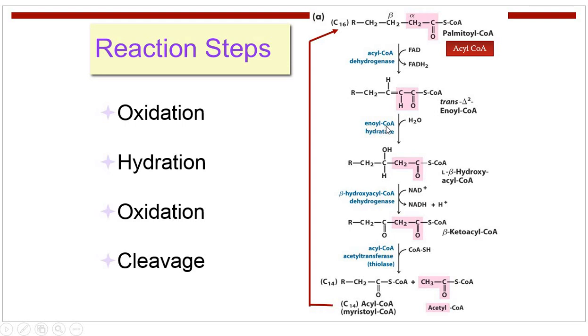The next enzyme is enoyl coenzyme A hydratase, which catalyzes the hydration of the trans-enoyl coenzyme A double bond.